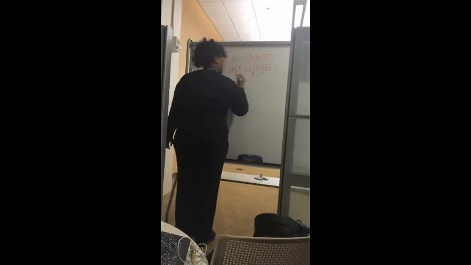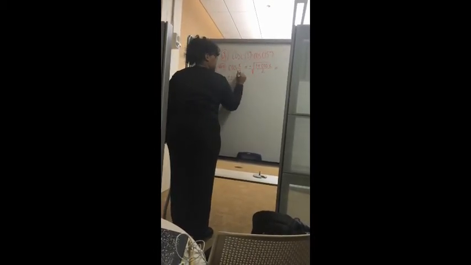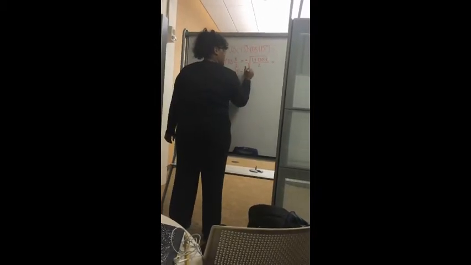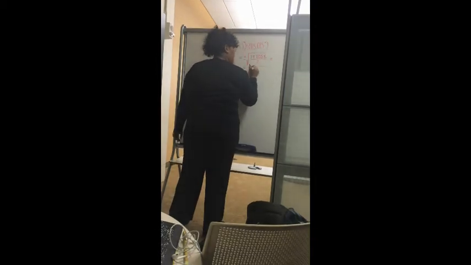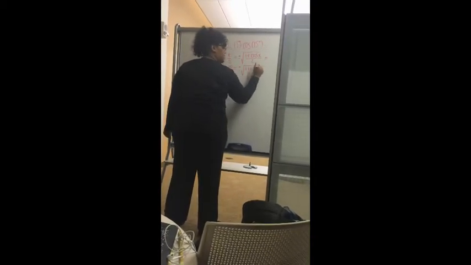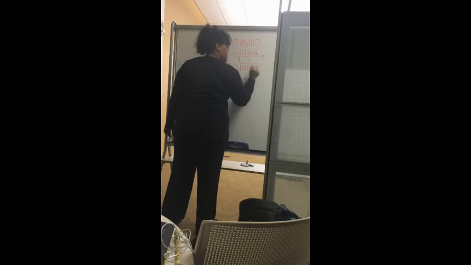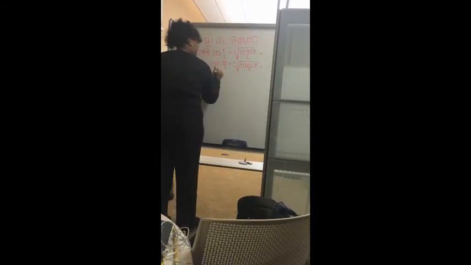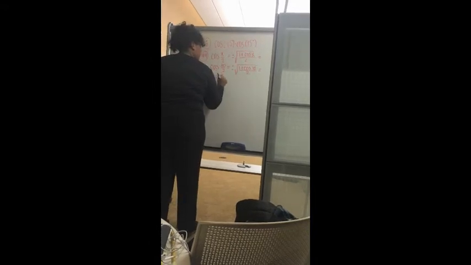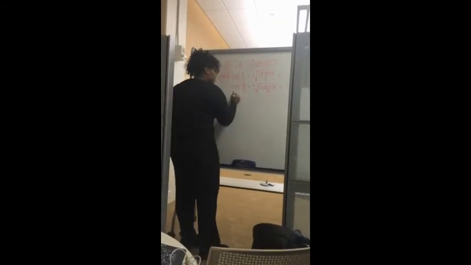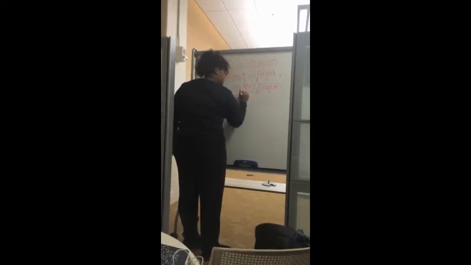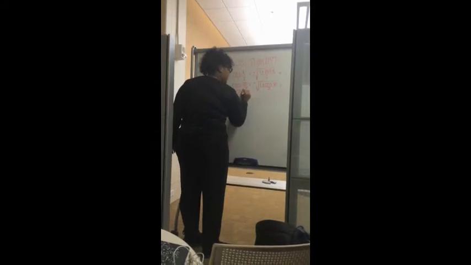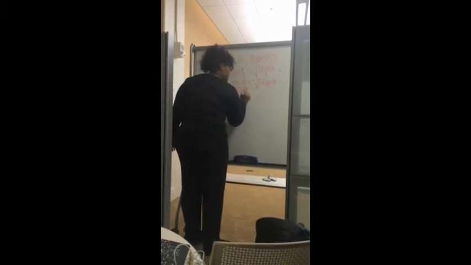To complete this problem, I plug 30 in for x, which will equal plus or minus the square root of 1 plus cosine 30 over 2. So then I change cosine 30 to the square root of 3 over 2, all over 2.